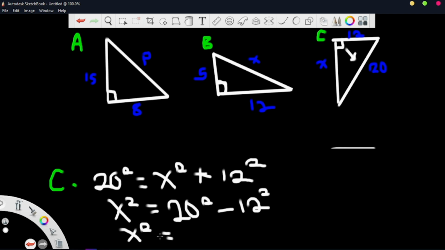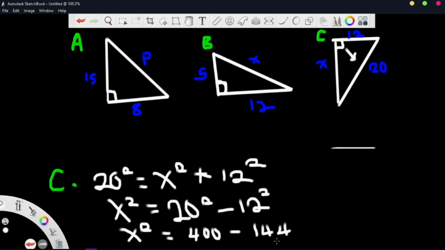That's the key. So 20 squared is 400. So I'm going to have 400 minus 144. What is 400 minus 144?